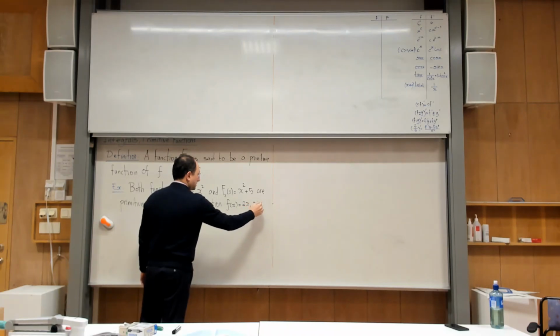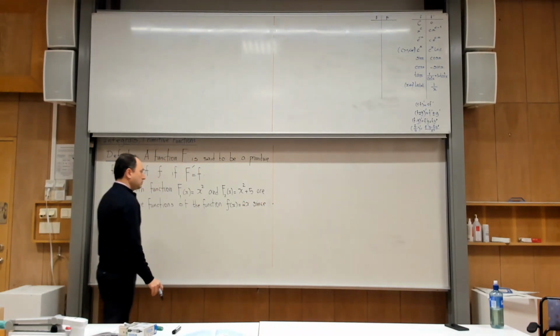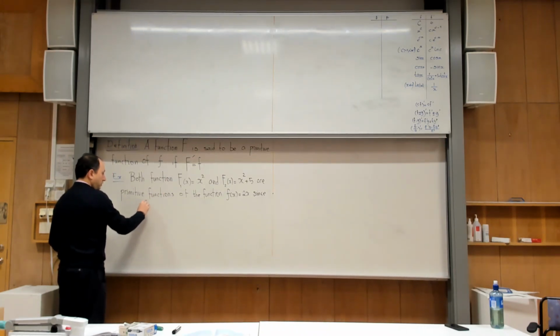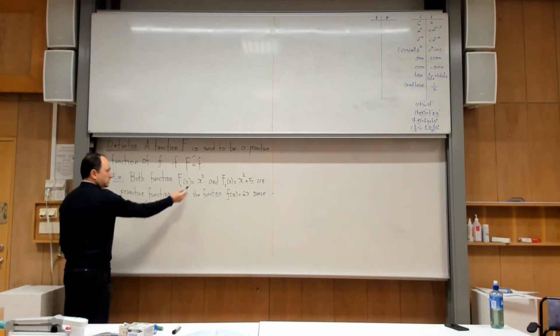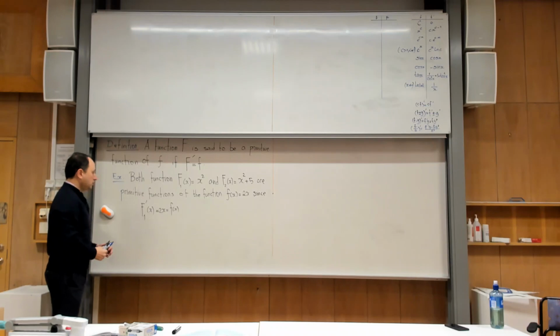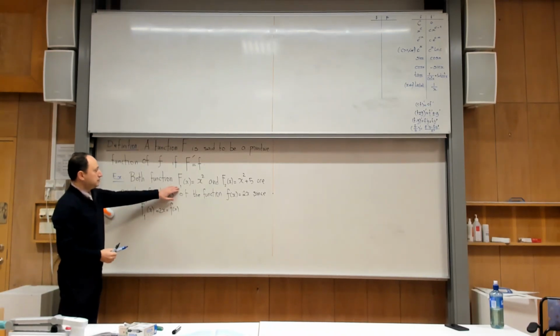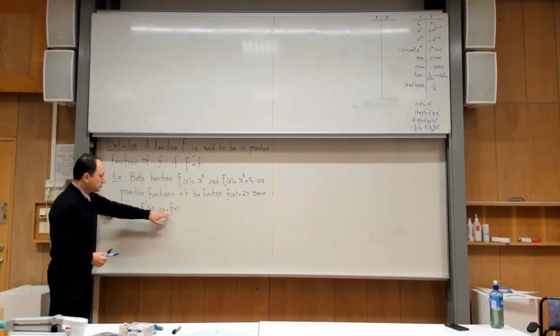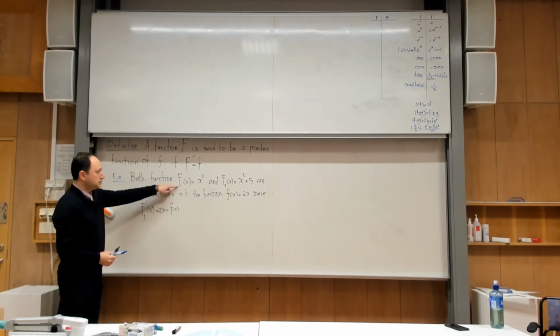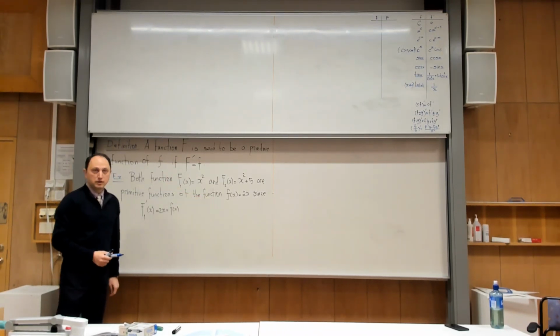Since, why is that? Because if I take the derivative of capital F1 of x, what is the derivative of this? It is 2x, which is equal to my little f of x. Because the derivative of capital F1 of x is equal to the little f of x, I would say that F1 is a primitive function for that f. Yes?